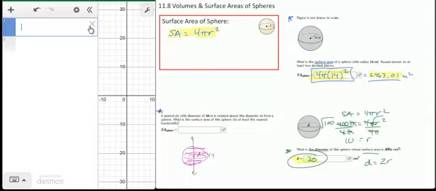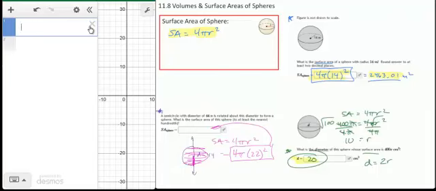And so if the diameter is 44, when we are calculating the surface area for this, the surface area is 4 times the area of a corresponding circle with the same radius. And so it's just a matter of finding what is the radius here. Well, if the diameter is 44, that means the radius is half of that, or 22. So there would be your calculation.